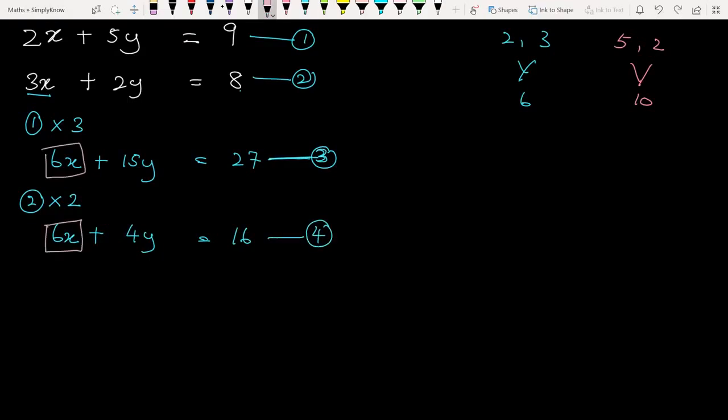So what are the signs of the coefficients of x? Both are pluses. This means we need to subtract one equation from the other. So I'm going to deduct fourth equation from the third equation.